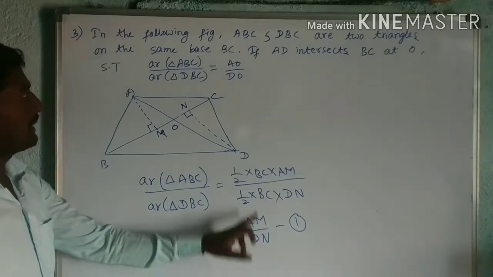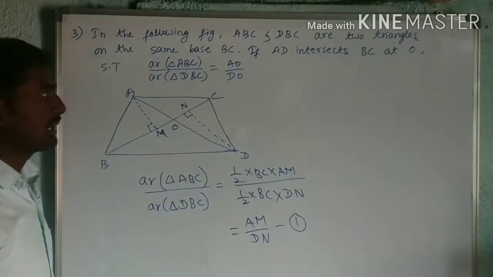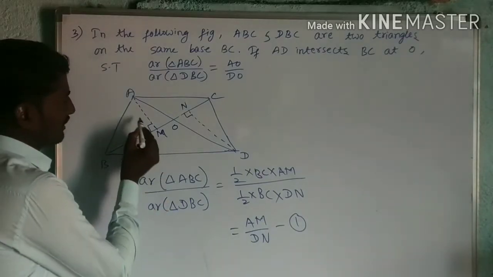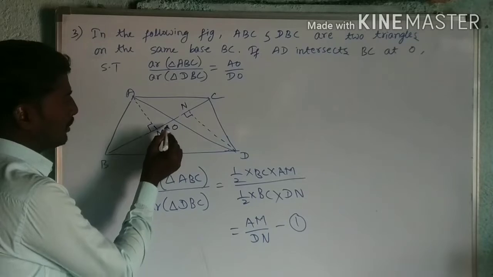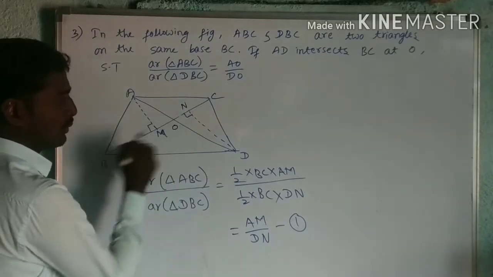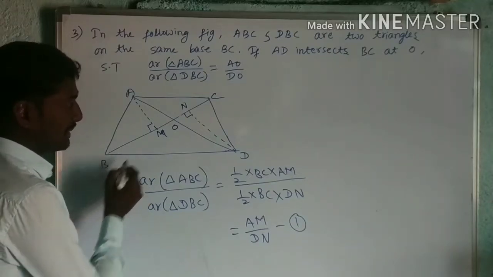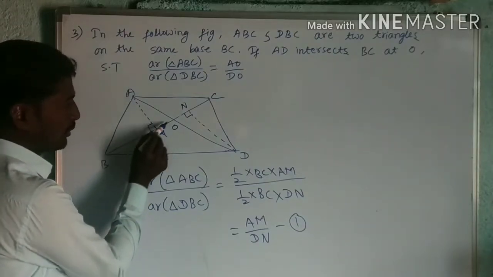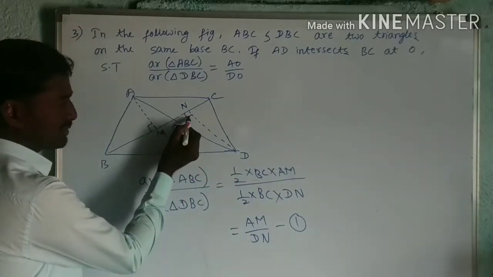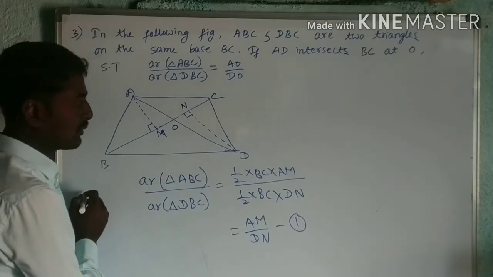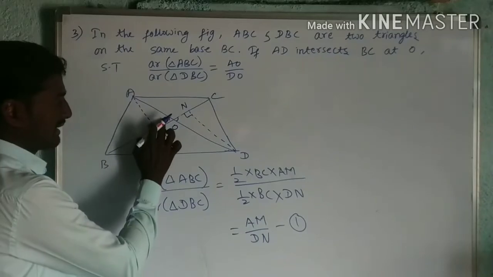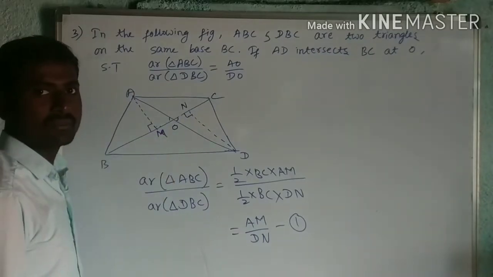Now in place of AM by DN, I need AO divided by DO. See here, consider the triangles AMO and DNO. Can I say these two triangles are similar? Angle AMO here is 90 degrees. Angle DNO here is also 90 degrees. One angle is equal. Then these two are vertically opposite angles, so I got another angle equal.